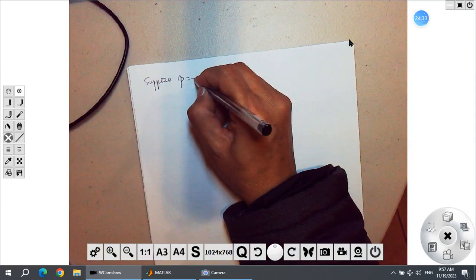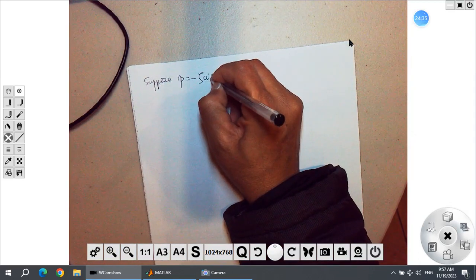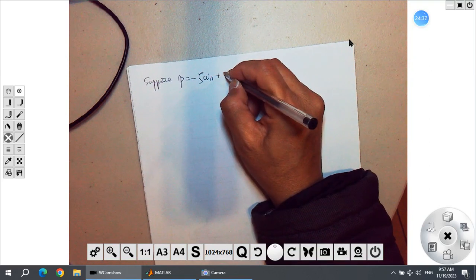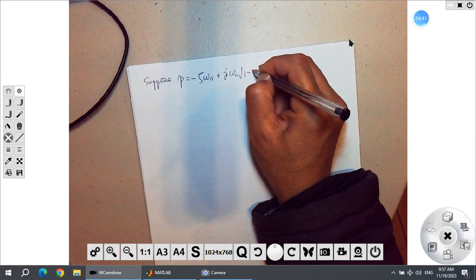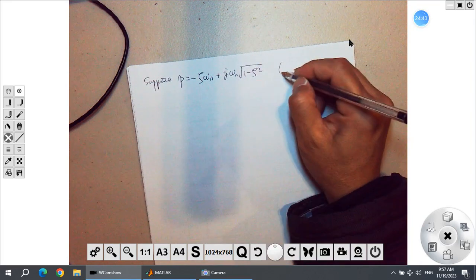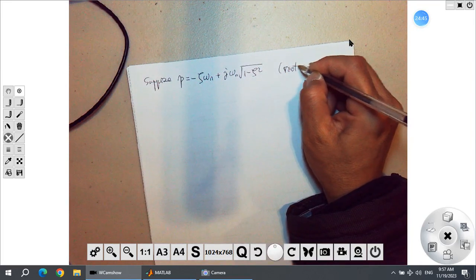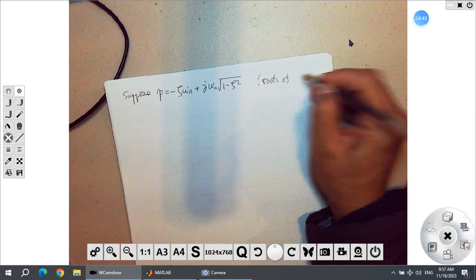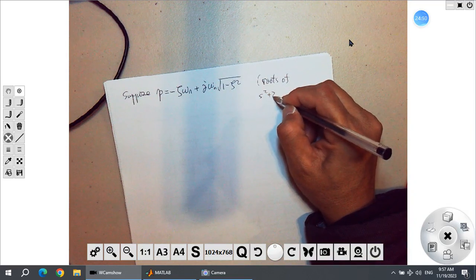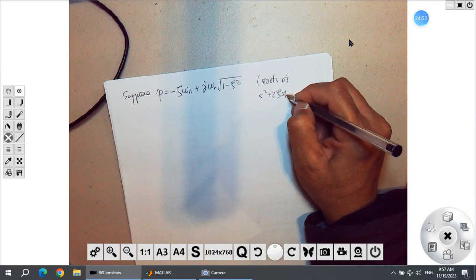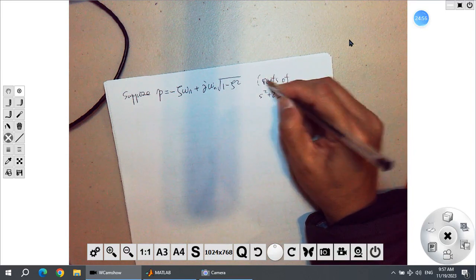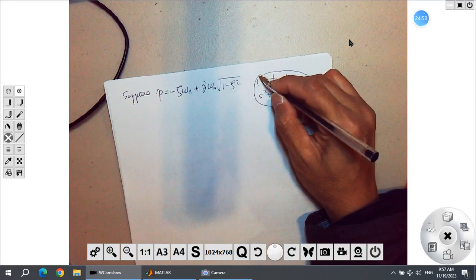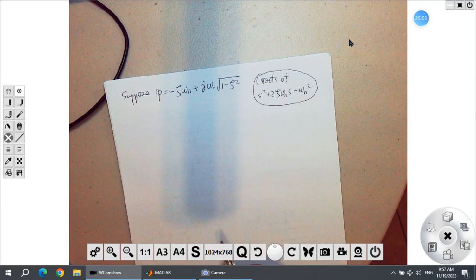It's negative zeta omega n plus j times omega n times the square root of 1 minus zeta squared. This is the root of s squared plus 2 zeta omega n s plus omega n squared, right? So P looks like this. Then what will happen?